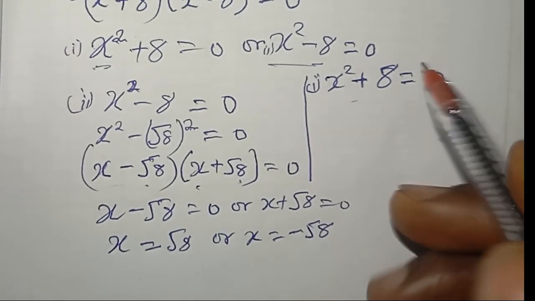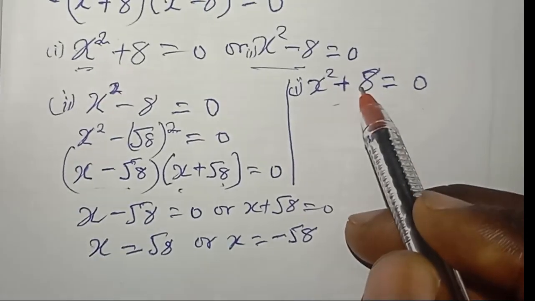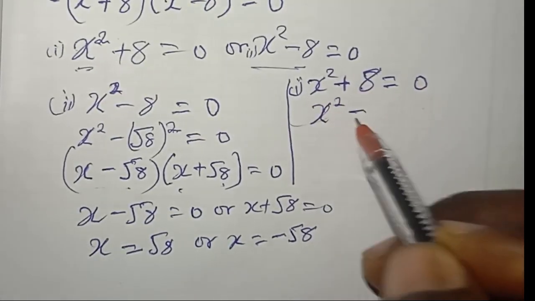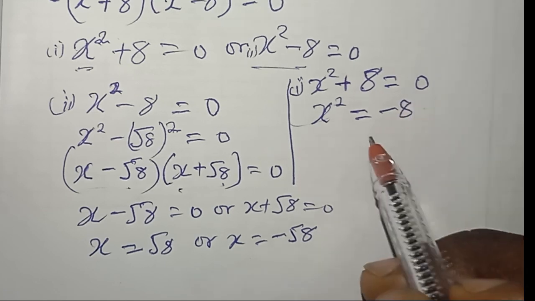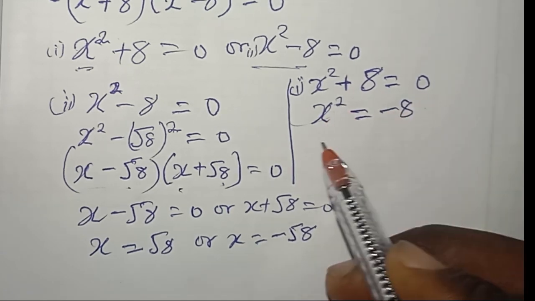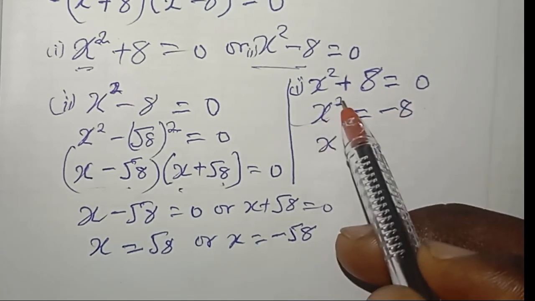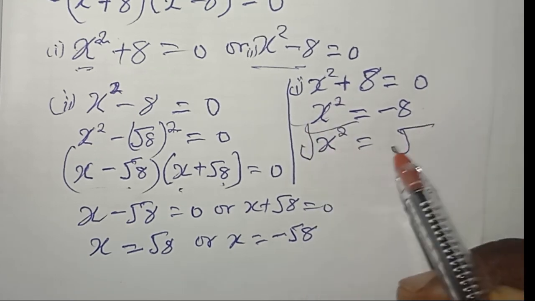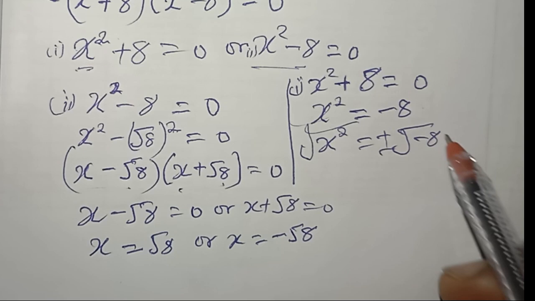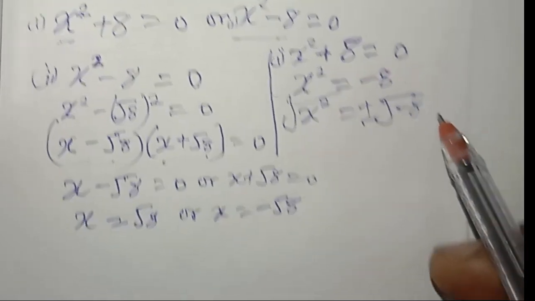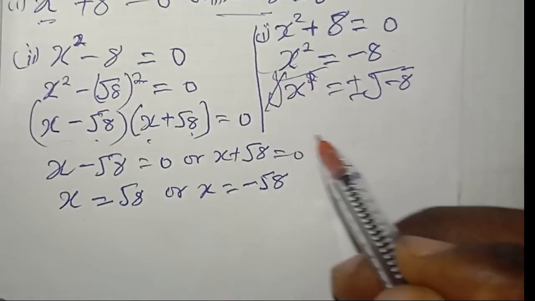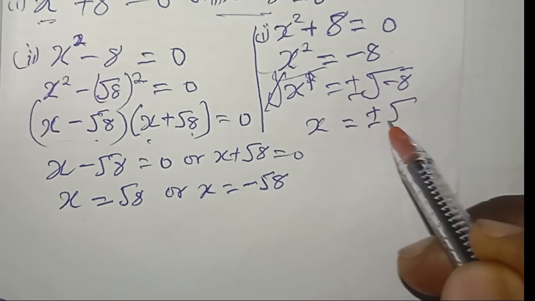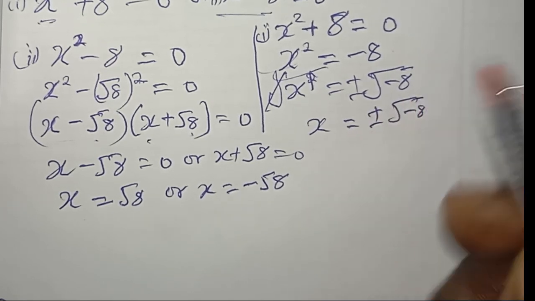And to do that, I'm actually going to move this 8 to the right hand side, so that I'm going to be having x squared is equal to negative 8. And then of course we can just take the square root of both sides so that I can eliminate this square right here. So x is equal to plus or minus the square root of negative 8.